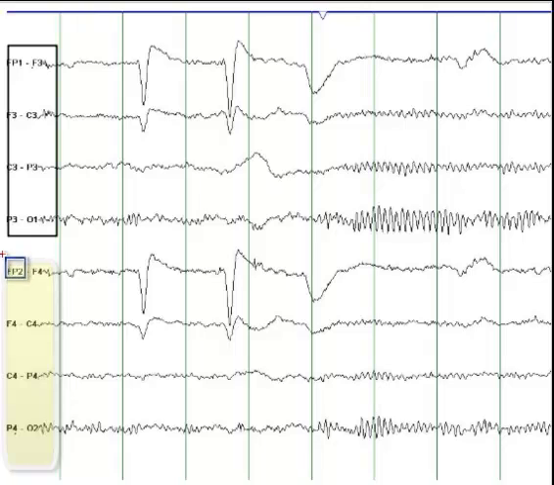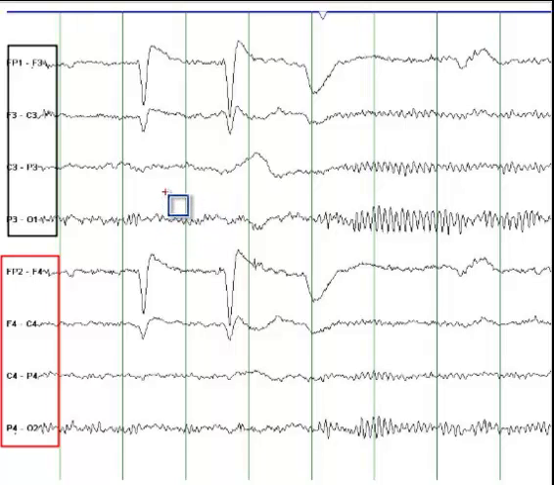All the even numbers here show you that you're recording electrical activity from the right side of the brain. The letters F, C, P, and O tell you the location on the scalp where this electrical activity is being recorded from. So F3 is left frontal, F4 is right frontal.